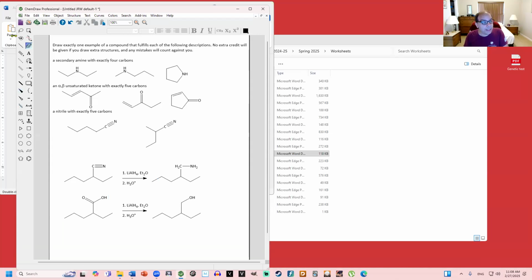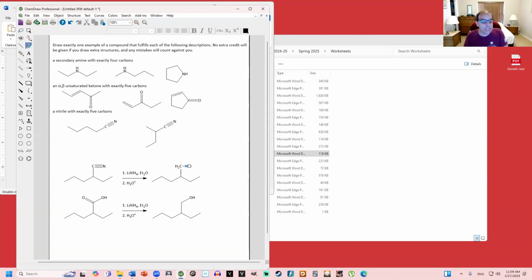Remember that you do need LAH to reduce a carboxylic acid or an ester. Sodium borohydride will not touch these compounds. It's not a strong enough reducing agent. But LAH will reduce a carboxylic acid or an ester to the corresponding primary alcohol, corresponding meaning that it has the same number of carbons in the chain.